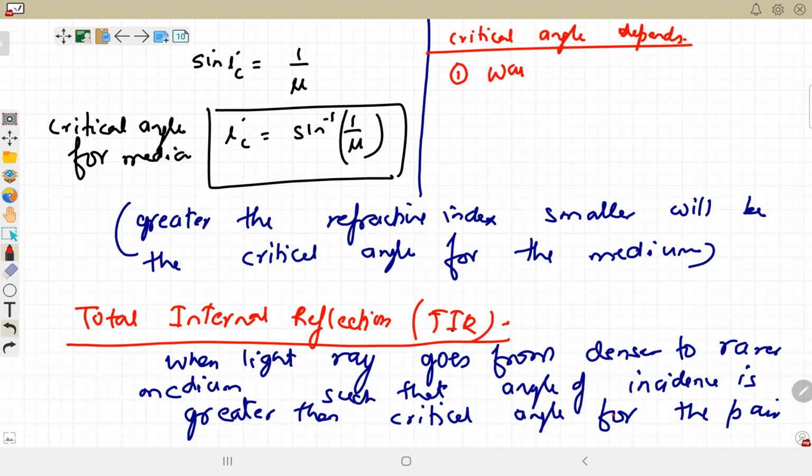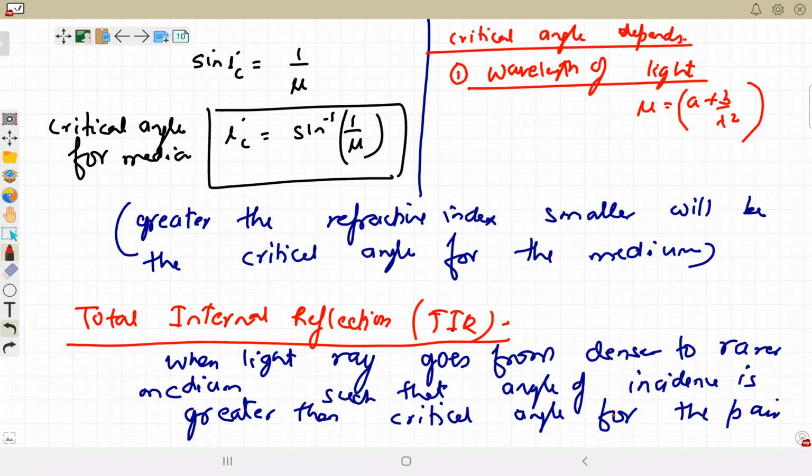It depends upon wavelength. Wavelength पे change करने पे refractive index change होता है, refractive index change करने पे critical angle will change. So less lambda means greater mu.